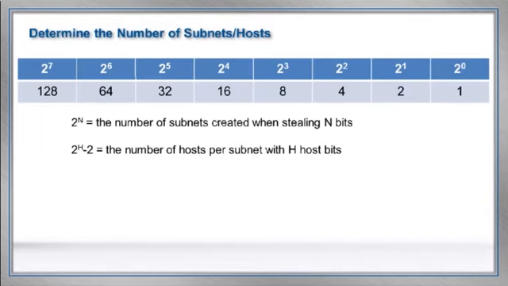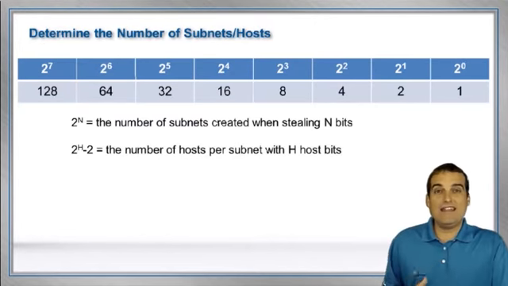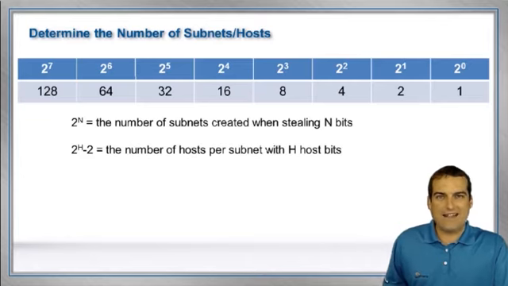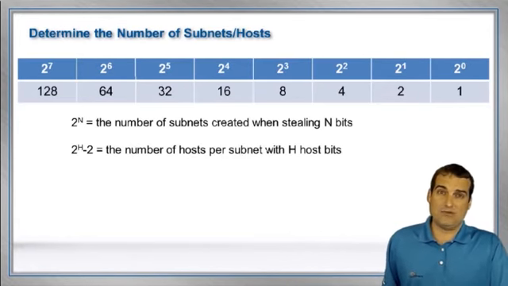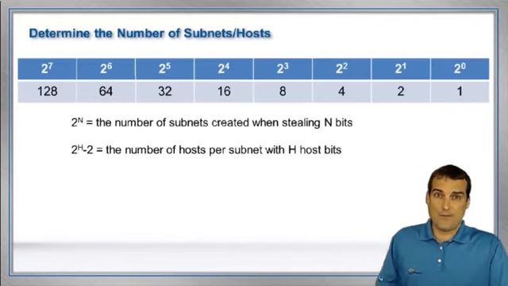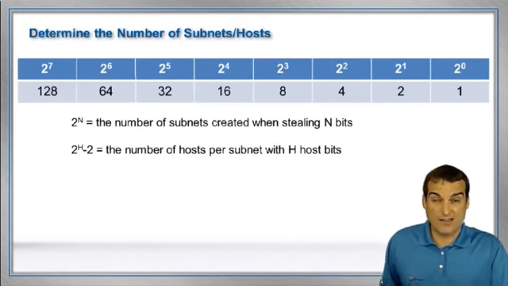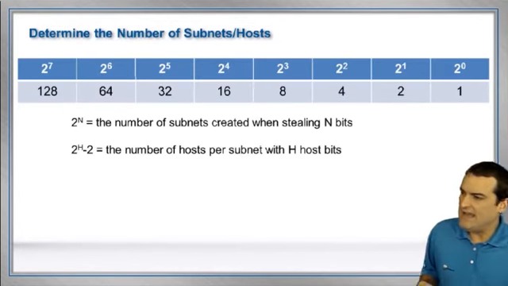Pretty cool. Now, there's something that you really need to realize about this subnetting, and that is you're going to play a little balancing act. You need to decide how many subnets you need, and then figure out how many hosts will be available in those subnets. Watch this.